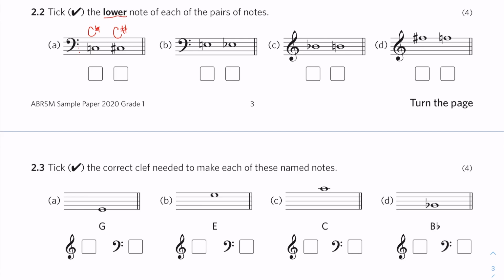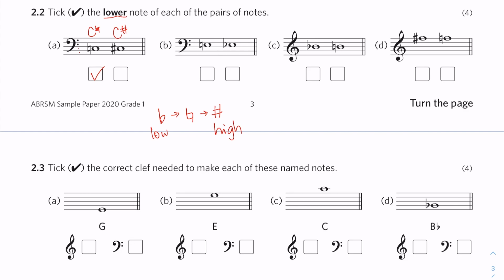C sharp is when you move a half step up from a C. So the sharp is always higher than the natural or the original note. If you find it confusing, you can write flat, going up to natural, going up to sharp, from low to high. So C sharp is higher than C. If we need to find a lower note, C is lower.